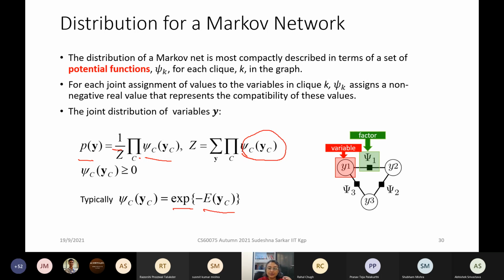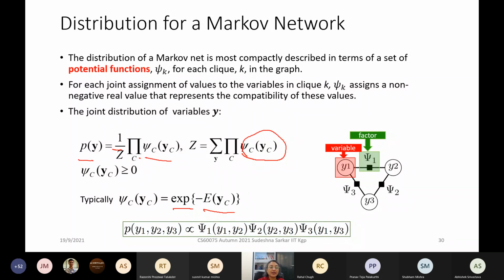I know I'm not able to go into a lot of details, so you may not be following very clearly. I'm trying to give you a high level understanding so that you can know how to use a conditional random field. So suppose we have a graph comprising these variables y1, y2, y3.